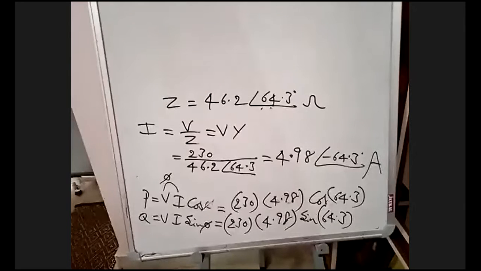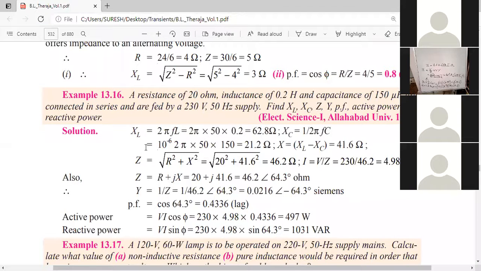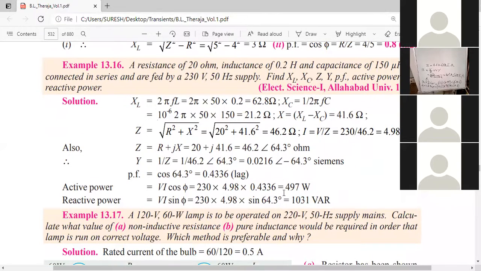What is the value of P? The value of P is 497.